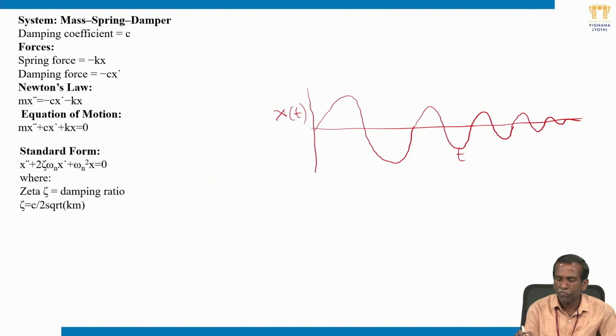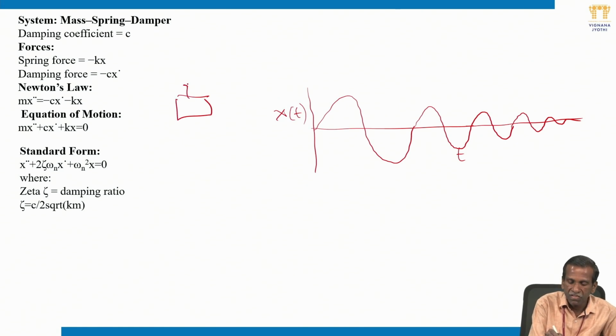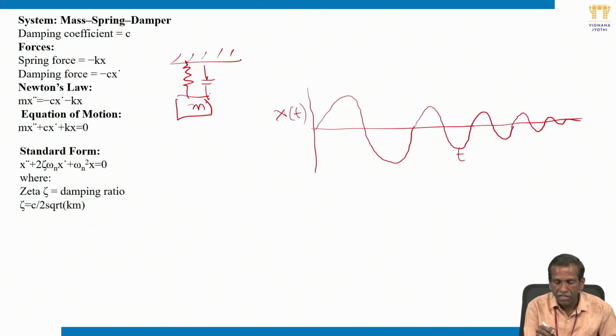We can write this relation, the equation of motion in this case. A damper is also there, as well as the spring, and these are attached to a mass. In fact, the actual real object has mass and some elastic characteristics like a spring and some resistance, that is called the damper.